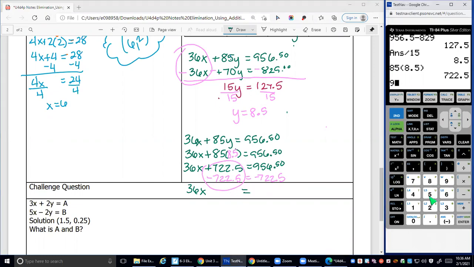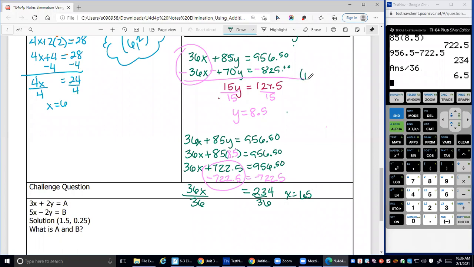Let me put that in: 956.5 minus 722.5 is 234, divide by 36, and X is equal to 6.50.